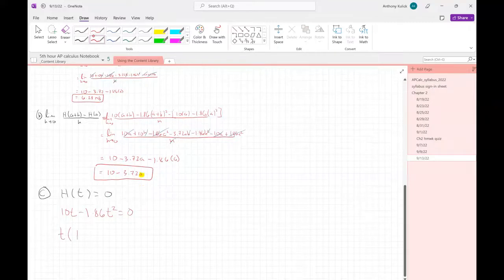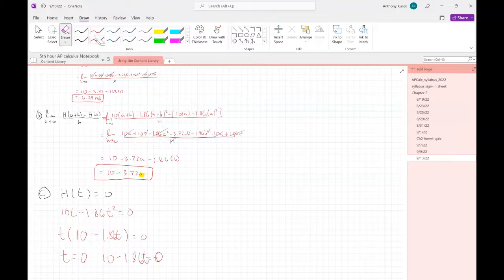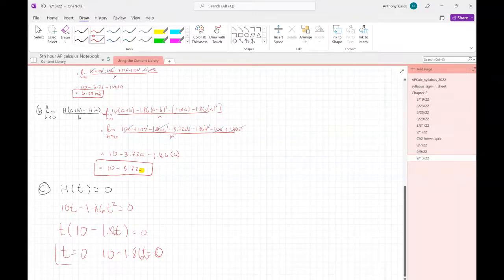So if I solve this for t, I can factor greatest common factor of t out. I apply the zero product property. So I get t equals 0.